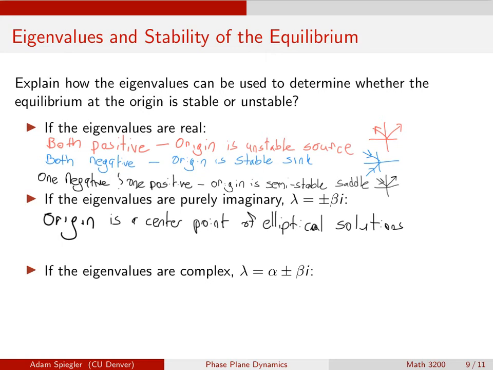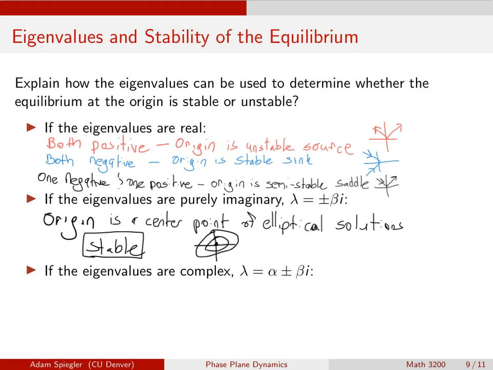And this we would consider stable because solutions that start near the origin are going to stay near it. We don't head back in towards the origin, but we also don't head far away from it. So we can consider this as some sort of stable point. And so that would mean that the origin is in the middle of some ellipse, and then we have some ellipses that are orbiting around that origin.